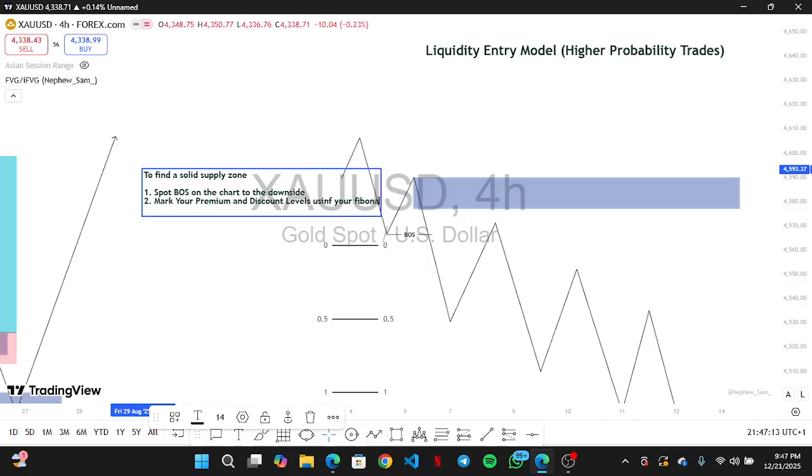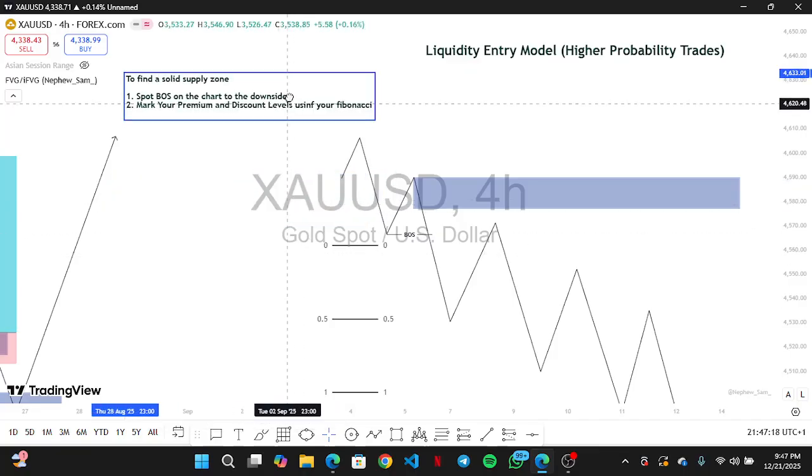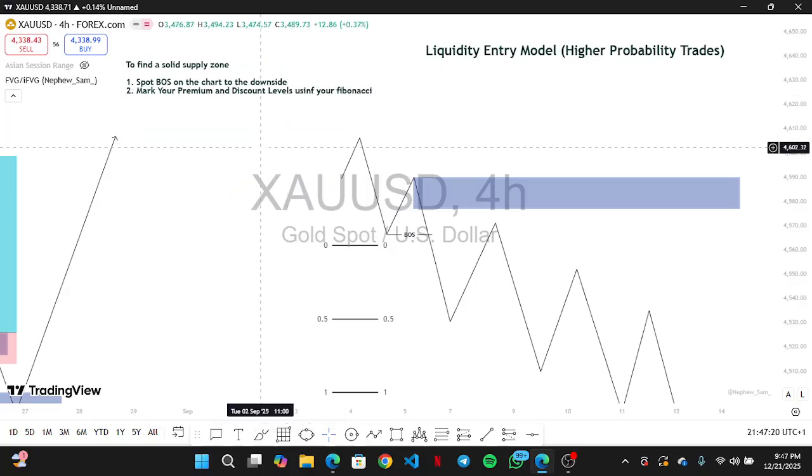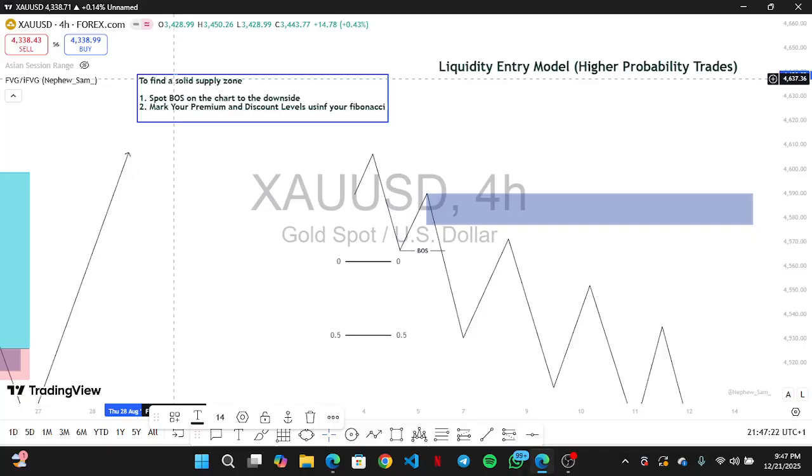Fibonacci, how do you spell it? Forgot how to spell it, so in case I spell it wrongly. So that's the second step.